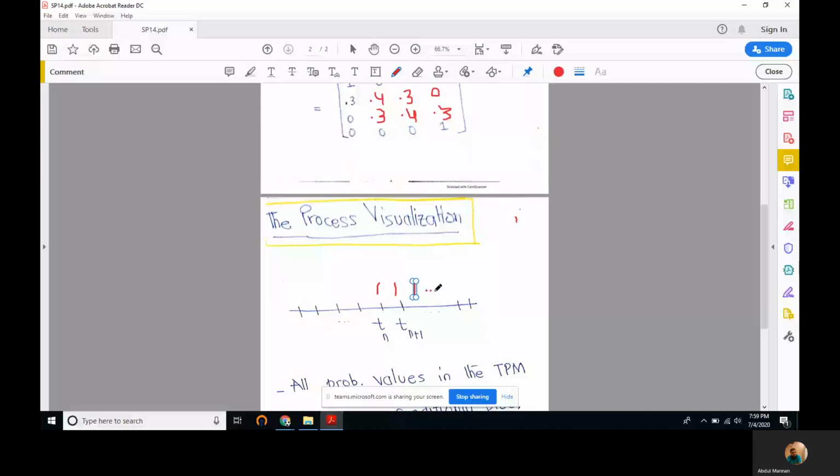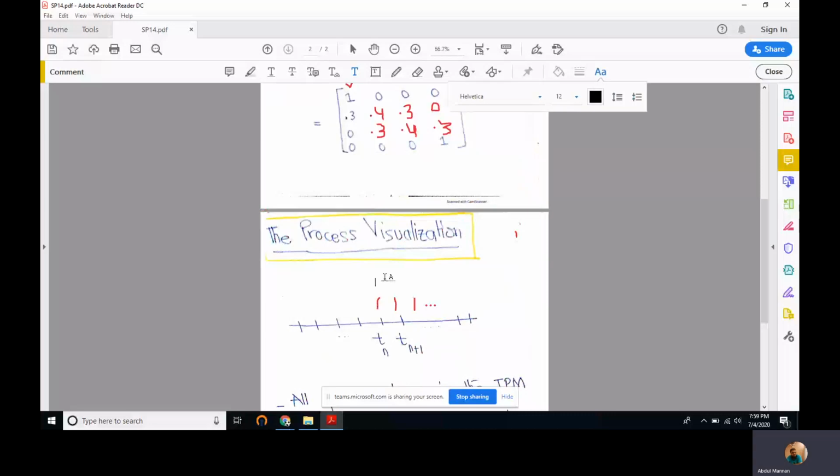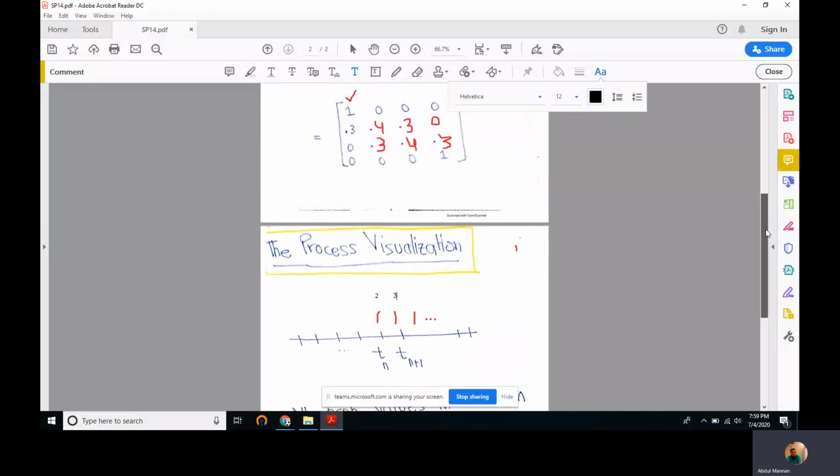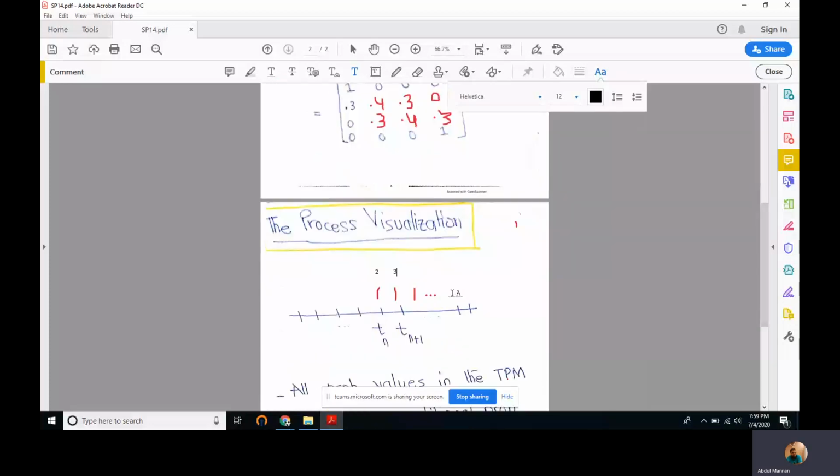I cannot be otherwise, because once I'm at state 1, I cannot go out of it. But if I start from state 2, I can be at state 3 with some probability at time n plus 1, I can be at state 1, and I can remain at the same state, with different probabilities. So from 2, I can be at 3, 1, or 2.